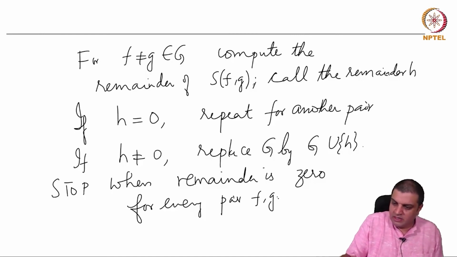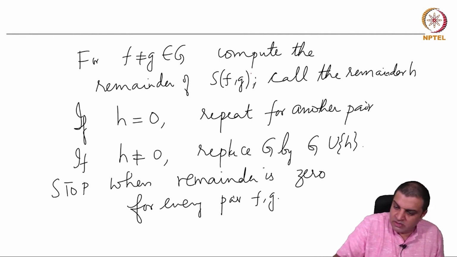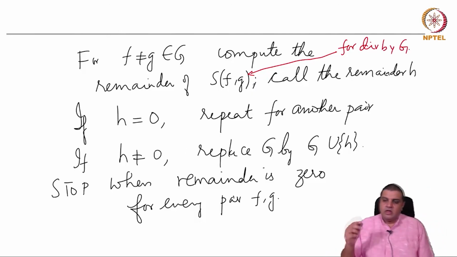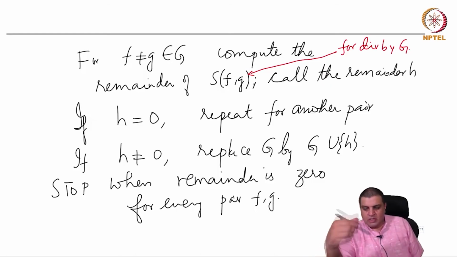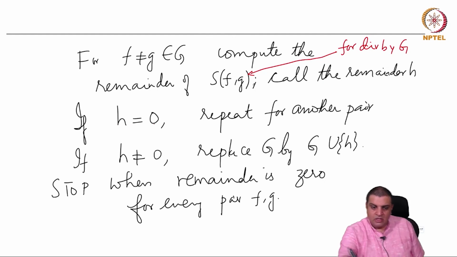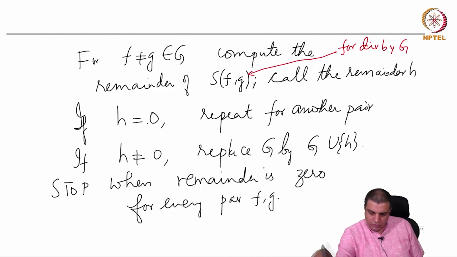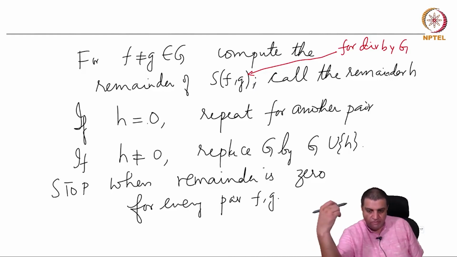Sorry, I should have said here that the remainder of S(F, G) is for division by G. So compute the remainder, and then we just check. The remainder will have terms, none of which is divisible by the leading term of an element of the set G. If it is non-zero, throw that also; this enlarges G. If it is 0, there is nothing to do.